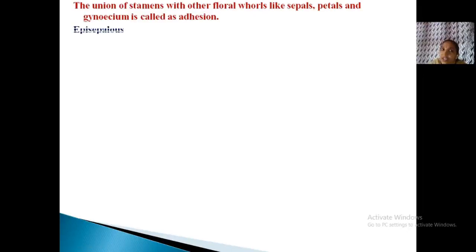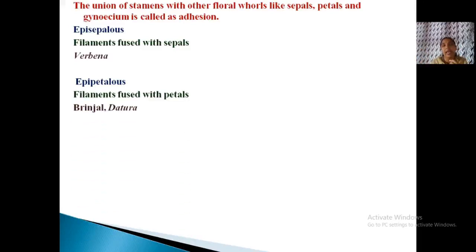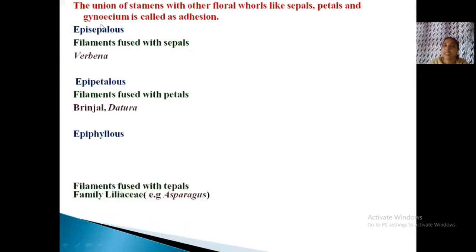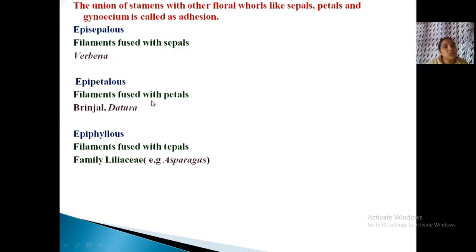Now, next part is the adhesion. What is adhesion? Union of stamens with other floral whorls like sepals, petals, gynoecium. Here stamen itself fused is the first part, cohesion. Then stamen with the other floral whorls. You studied calyx, corolla, gynoecium. So, different types. Episepalous: filaments fused with the sepals. Filaments fused with the petal is epipetalous. Filaments you can see attached on the petals.